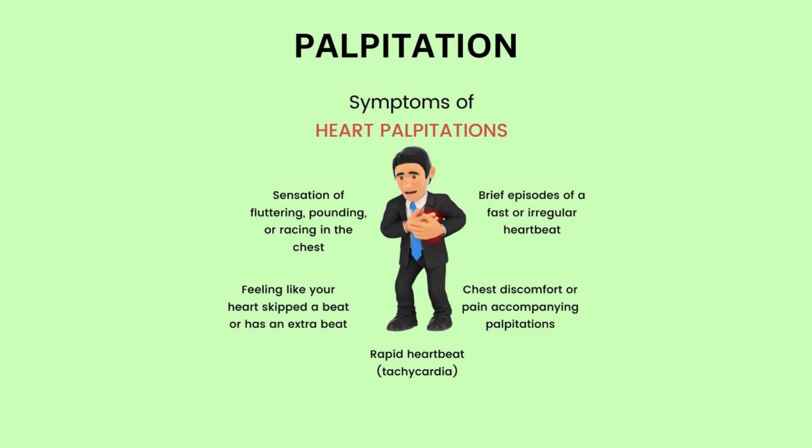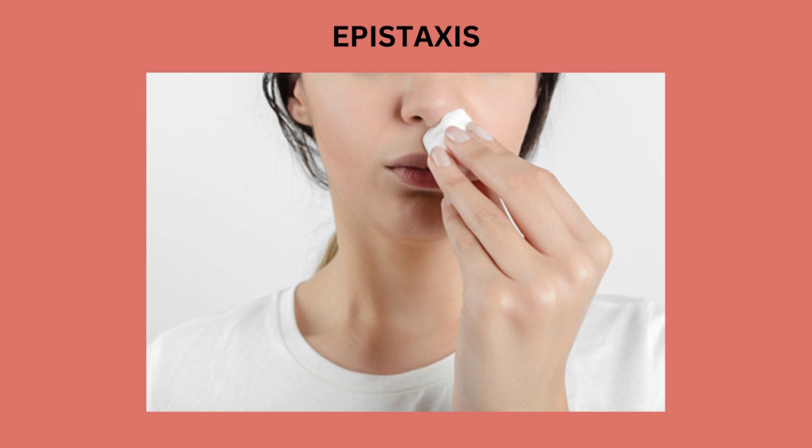Next, palpitation. Palpitation means the heart is beating too quickly, not beating regularly. That is the meaning of palpitation. Next, other than that, epistaxis. Epistaxis means nasal bleeding. So these are some of the signs and symptoms the patient has.